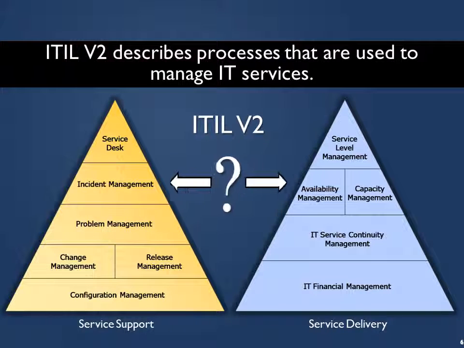Prior to the ITIL version 3 lifecycle being published in 2007, there was ITIL version 2, which simply described many different processes under service support and service delivery. However, they were disconnected and disjointed. It was very difficult to see the relationship between the different processes and turn these processes into anything an IT organization could easily implement and achieve the required value.